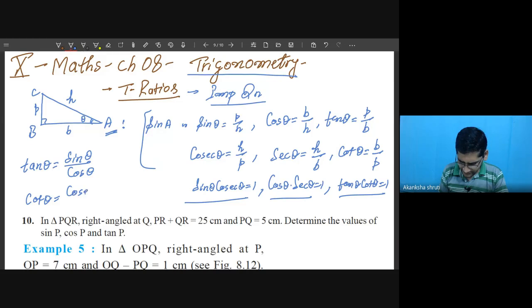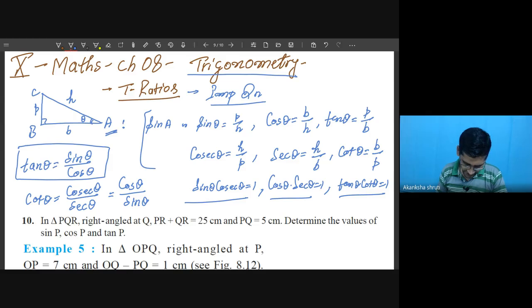And if you take the reciprocal of this tan, then cot is given by cos of theta by sine of theta. So these are the other important identities related to tan and cot.